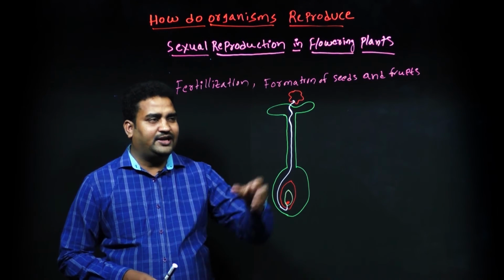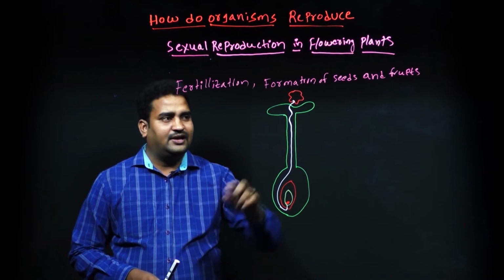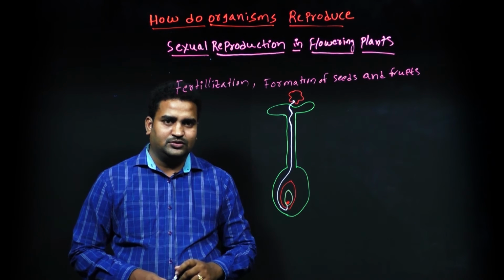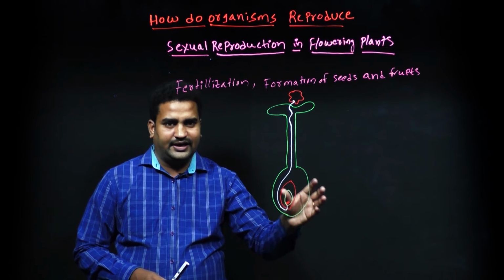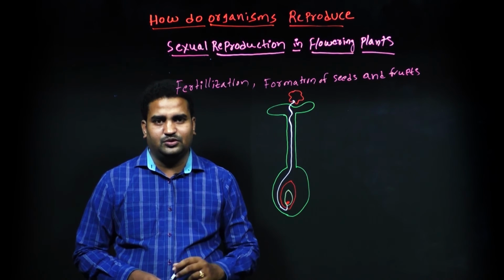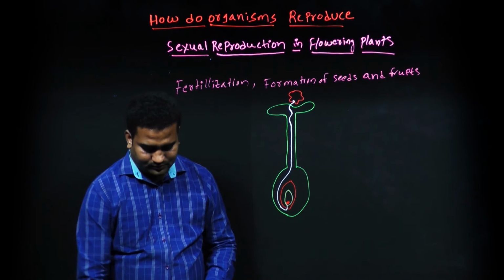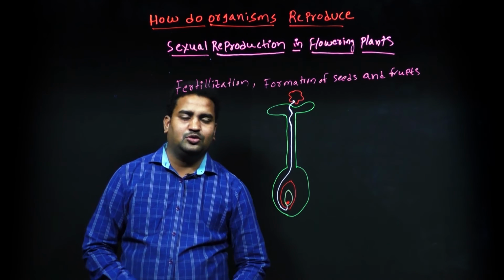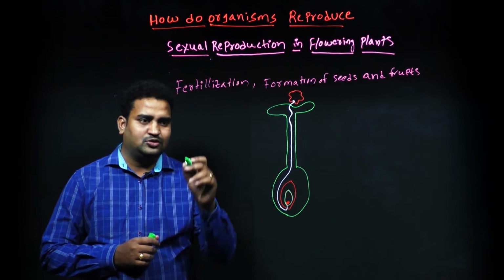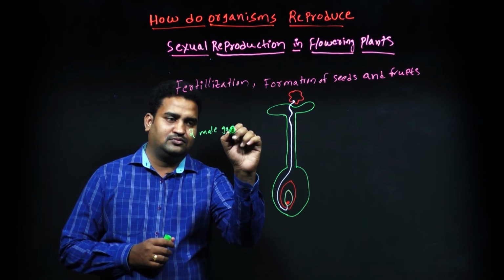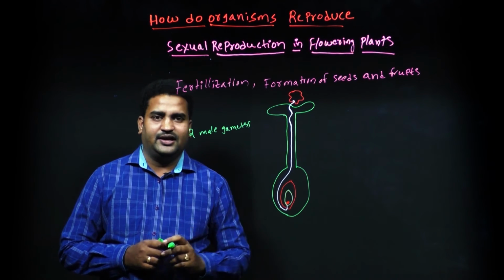So when the right pollen grain falls on the right stigma, pollen germination occurs and it forms the pollen tube. This pollen tube grows through the stigma, style, ovary, enters into the ovule and reaches up to the embryo sac. At the embryo sac, this pollen tube releases two male gametes. One male gamete fuses with the egg and forms the zygote.